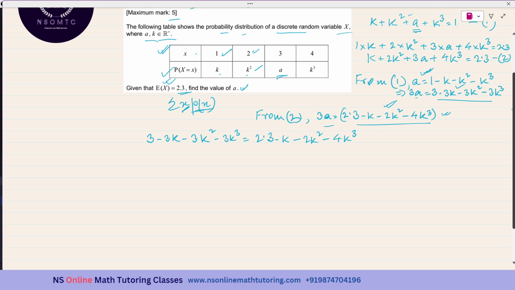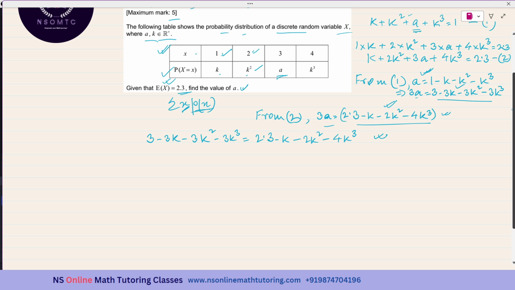It is containing only k, so I can get the value of k from this equation. Okay, and I can solve this equation algebraically or graphically. In fact, I'll be solving it algebraically. So let me first of all show you how I can get the value of k graphically.